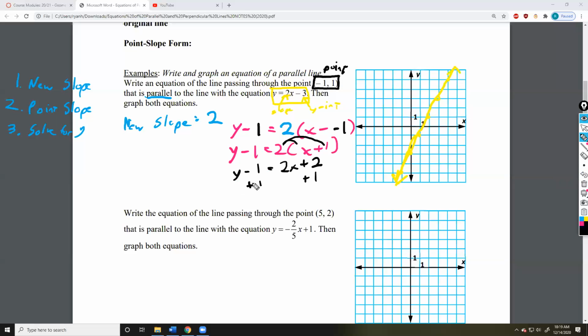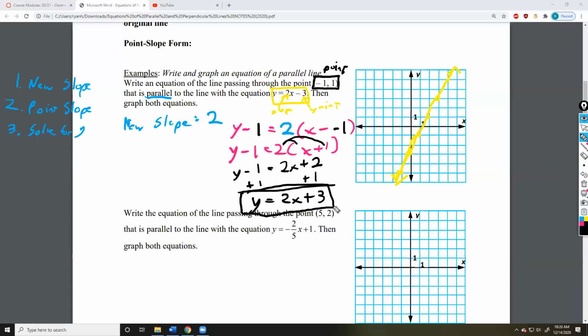So when I do that, I should get y equals 2x plus 3. And there's my final answer for the equation of that line. So y equals 2x plus 3.